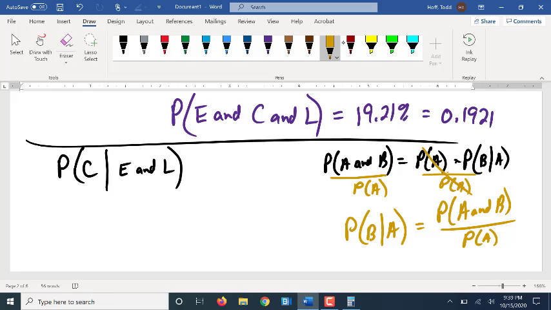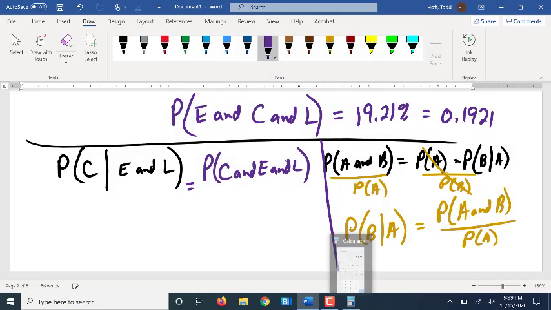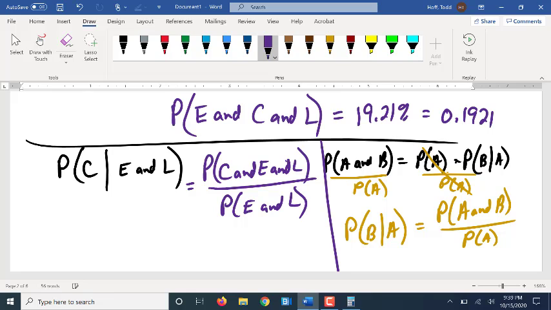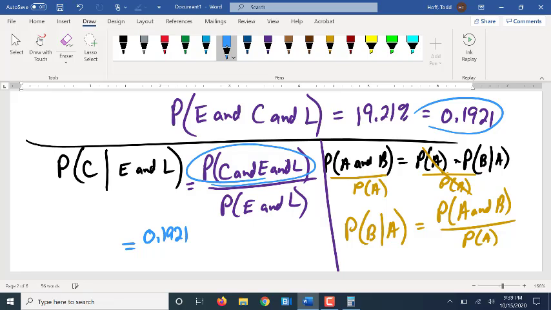P of C given E and L is equal to the probability of C and E and L, which is what we just found up above here, divided by the probability of E and L, which we've already found. So the probability of C and E and L, that's what we found right here, 0.1921.